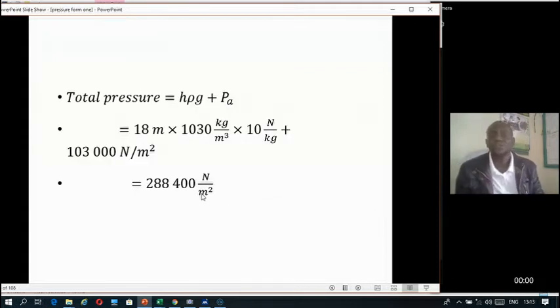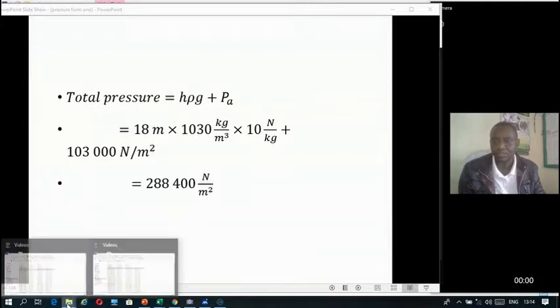So we can say the total pressure experienced by this person who is in the sea is due to the water above him. But there is also atmospheric pressure from the top. Like I can take a simulation here for us to understand what we are talking about.